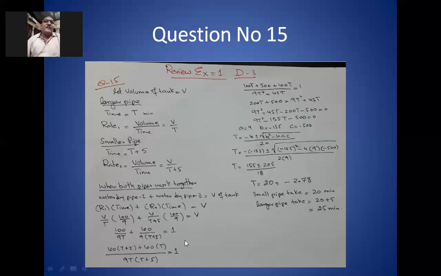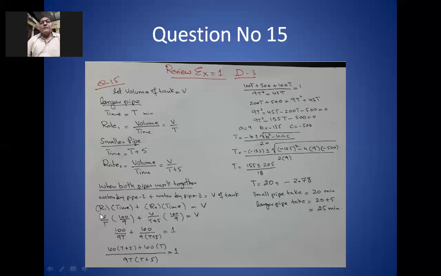Here I have written a situation when both the pipes work together. Some water will be given by pipe 1 and some water will be given by pipe 2. So water given by pipe 1 plus the water given by pipe 2 will be equal to the volume V of the water which will fill the tank.